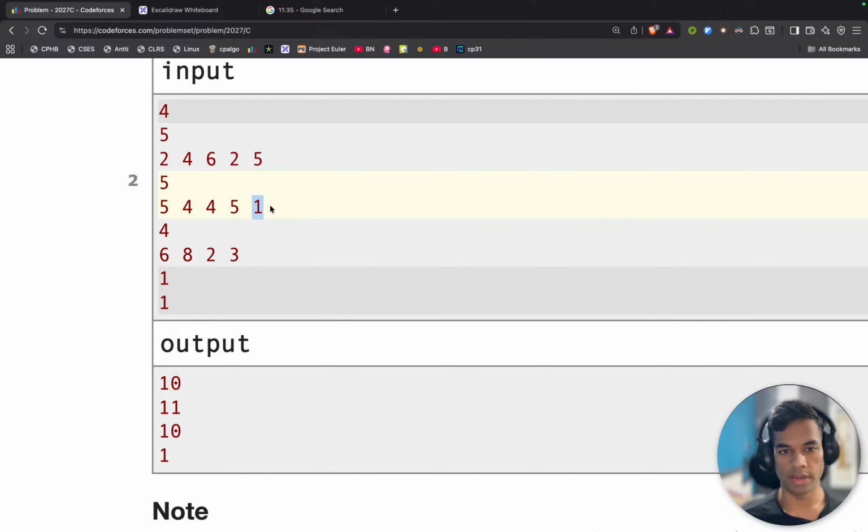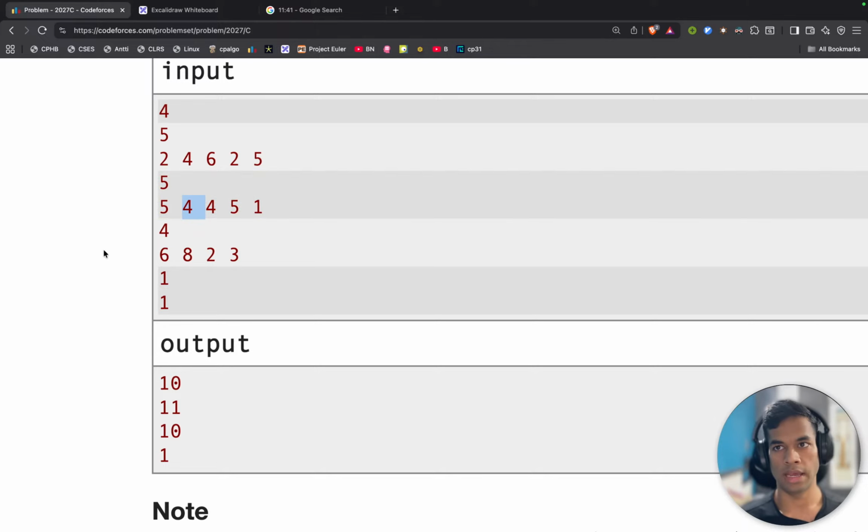Like if a 1 is at the last position, or a 2 at the second last position, a 3 at the third last position, and so on. If that is the case, that would be our only possible first operation.